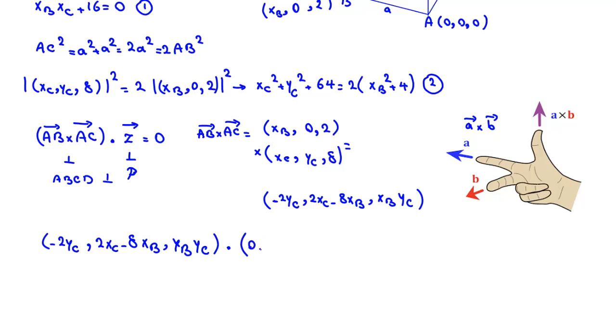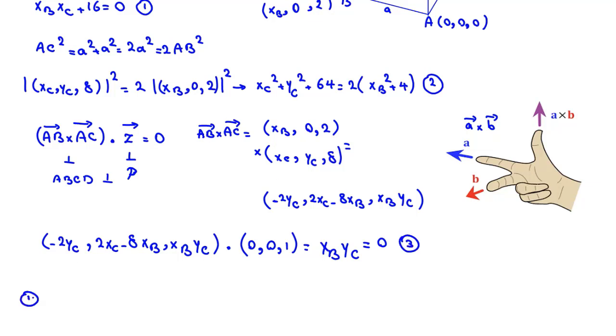Vector z: 0, 0, 1. So x coordinate times 0 plus y coordinate times 0 plus xbyc times 1. So xbyc, the cross product, equals 0 from here. Sorry, xbyc. Here it is x. Let me correct this part. It is xbyc.